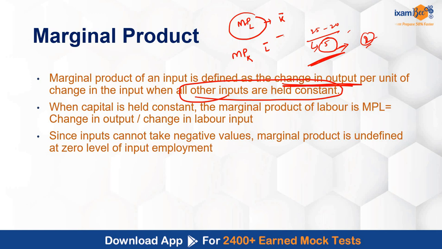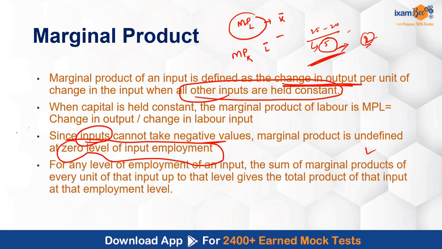And also because your inputs, labor कोई negative value नहीं हो सकती. Labor can be either 0, 1, 2, 3 and so on. So that is why marginal product defined नहीं होता zero level of input employment में, because your variable input cannot take negative values. Okay.